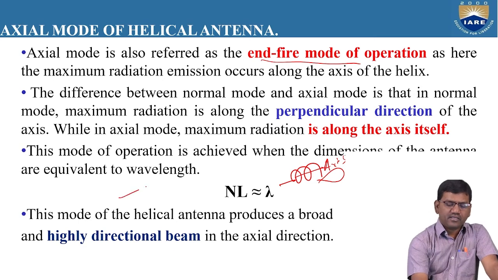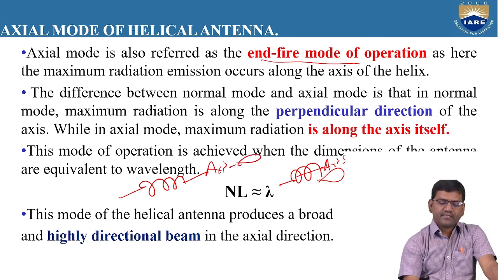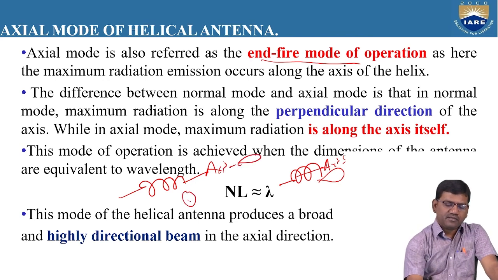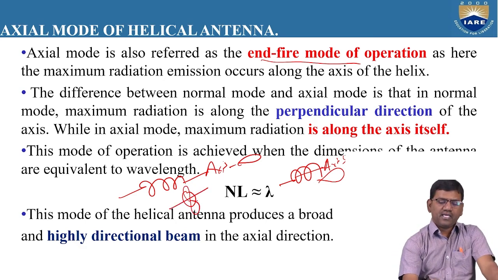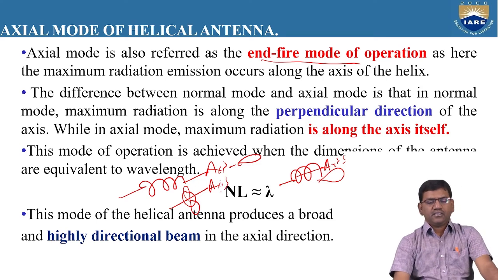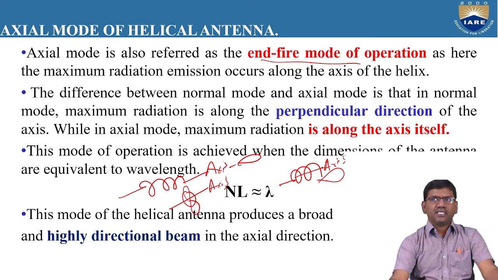See here, this is the axis. In axial mode, the radiation pattern will be like this, and in the normal mode, it will be perpendicular to the axis. So the main difference between the normal mode and the axial mode is that in normal mode, the maximum radiation is along the perpendicular direction of the axis, while in the axial mode, the maximum radiation is along the axis itself.